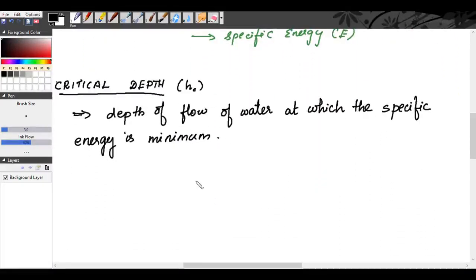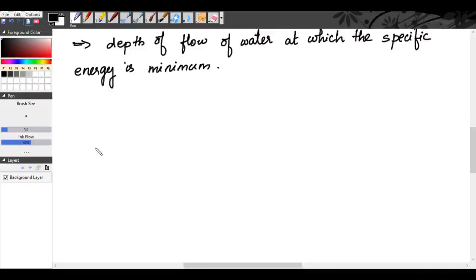Okay. Now, how will we find the critical depth? We know at critical depth, the specific energy is minimum. So we know the specific energy is equal to H plus Q square by 2G H square. For specific energy to be minimum, the differentiation of specific energy with respect to the depth should be equal to 0.